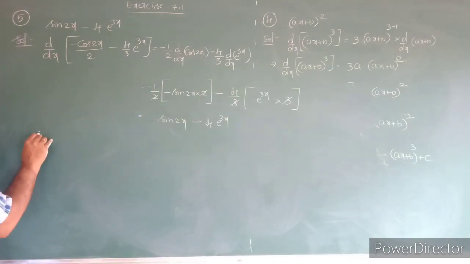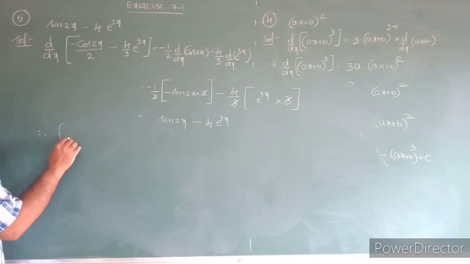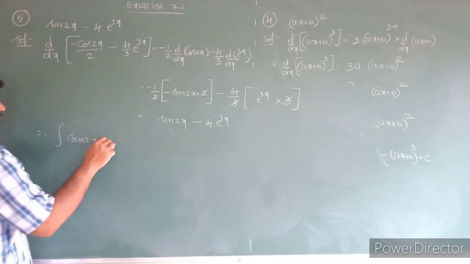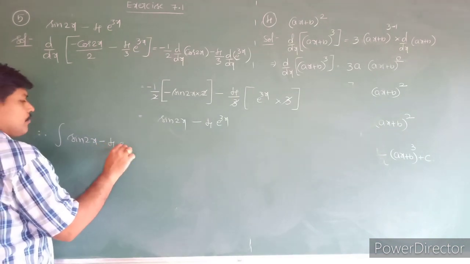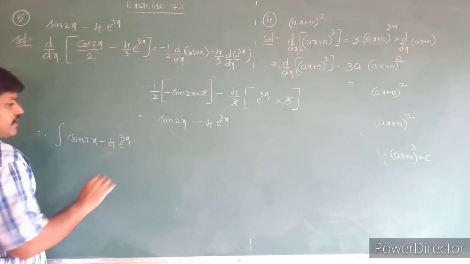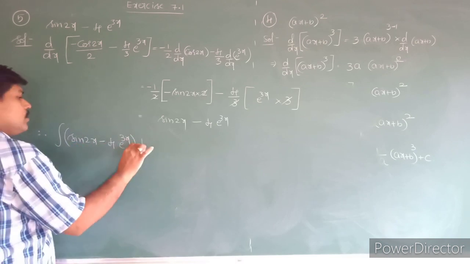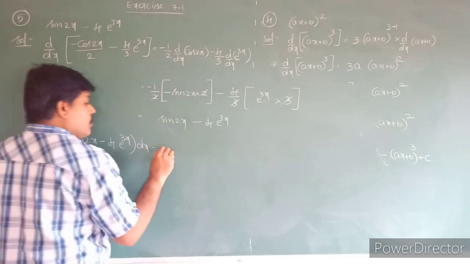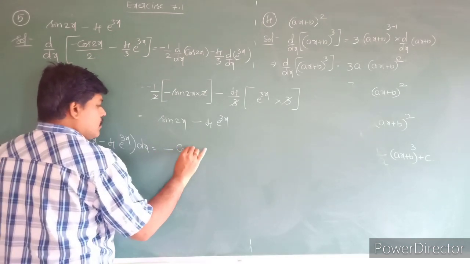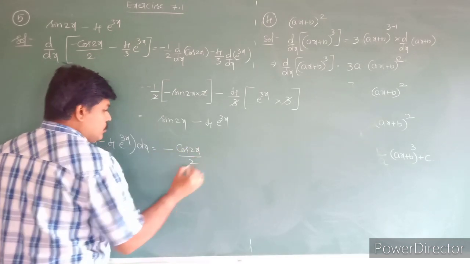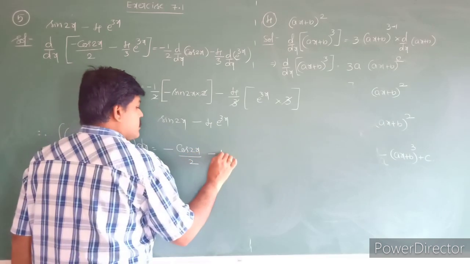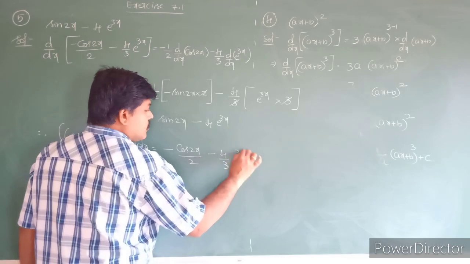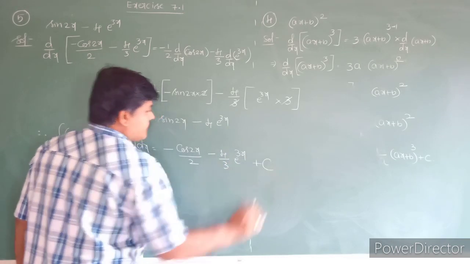Therefore we can conclude that the integral of (sin 2x minus 4 e power 3x) into dx is equal to minus cos 2x by 2 minus 4 by 3 into e power 3x plus c.